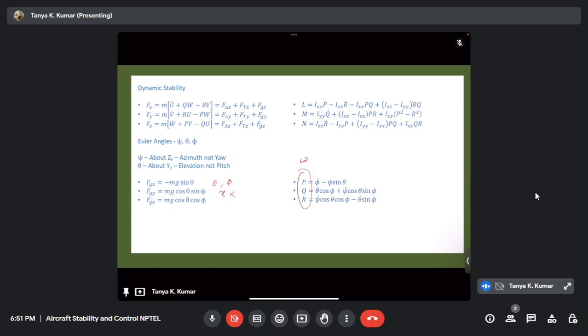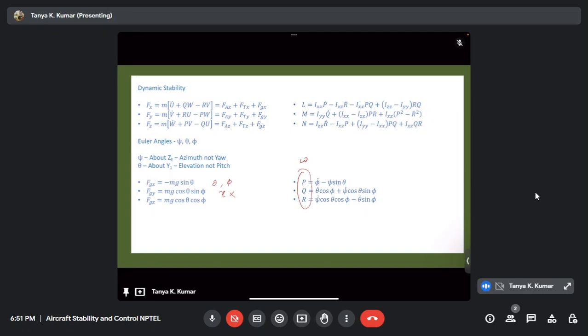Why is the angle xi not present in these gravitational equations? How is this xi defined? It is not the yaw angle. How is xi defined? Someone tell me that. What is xi? It's written there.